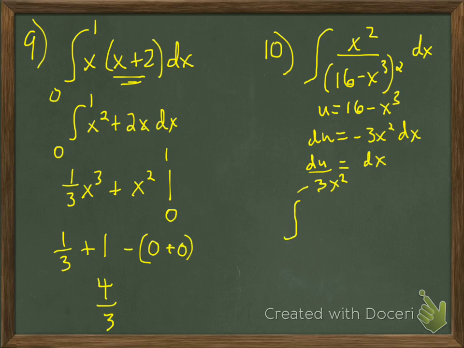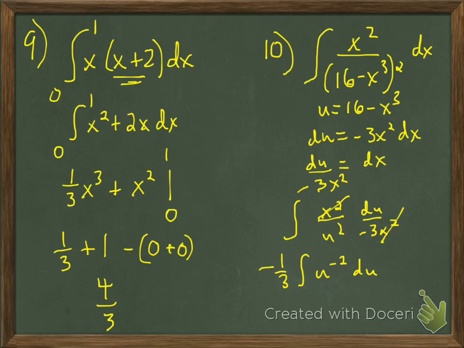Substitute. And the x squareds will cancel out. So I have a negative out front with a 1/3. U to the negative 2 du.